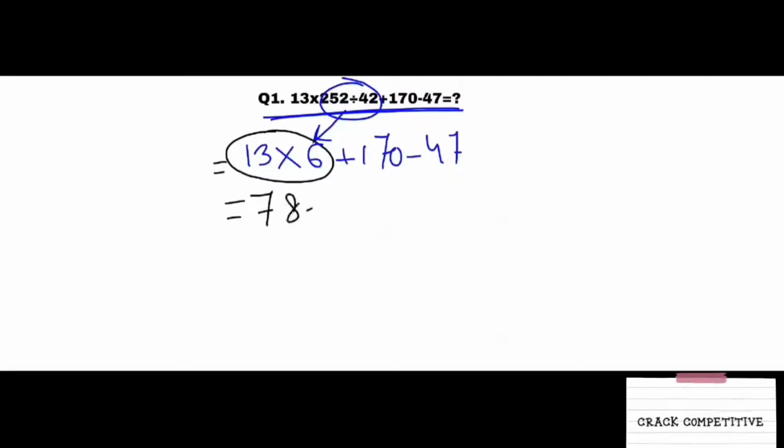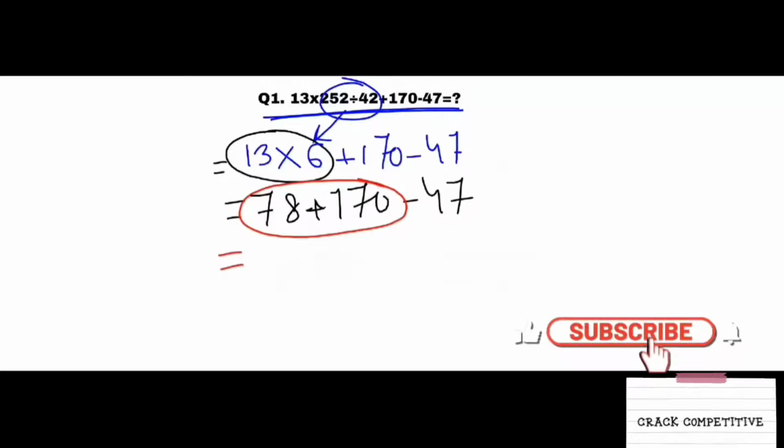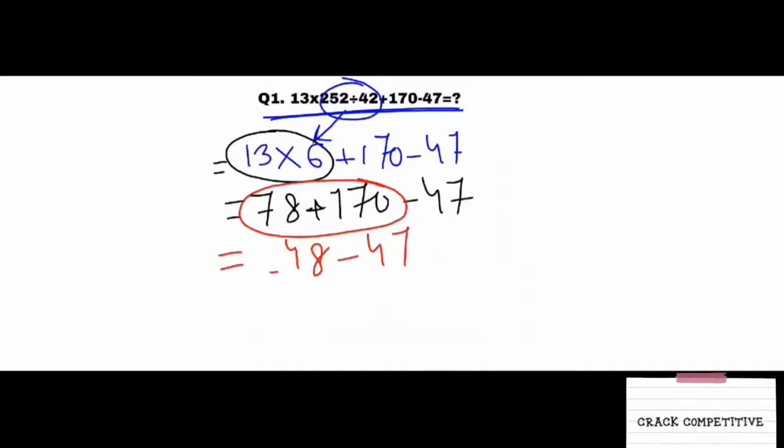Then 78 plus 170 minus 45. Then you have to do 78 plus 170, which means 248. Minus 47 is the last part. So now what does it mean? It's 201. This is the answer.